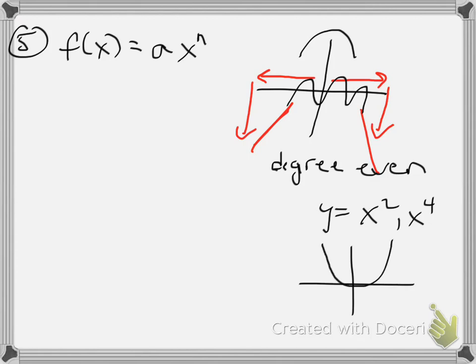But the fact that it's upside down means there must be some kind of negative in here to turn it like that. So that means the degree is even, but a, which is the leading coefficient, must be less than 0, or negative. Okay, we are done with section 5-2.